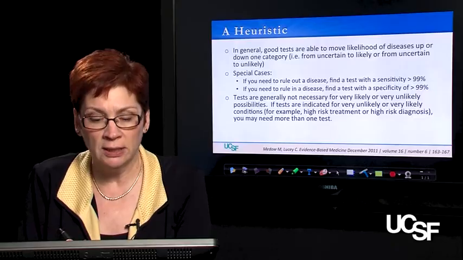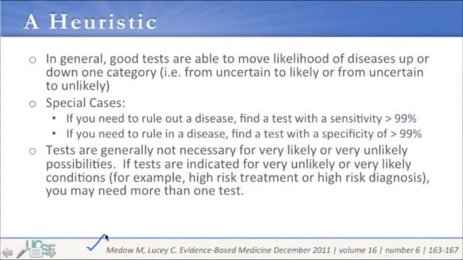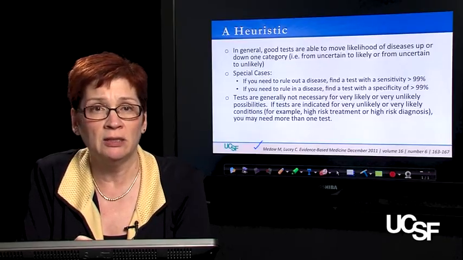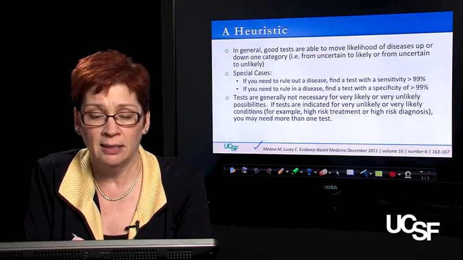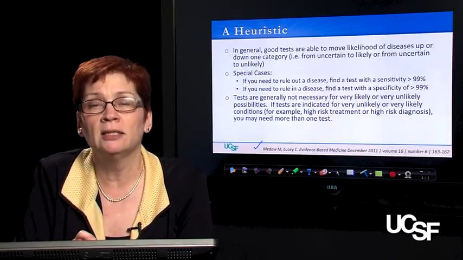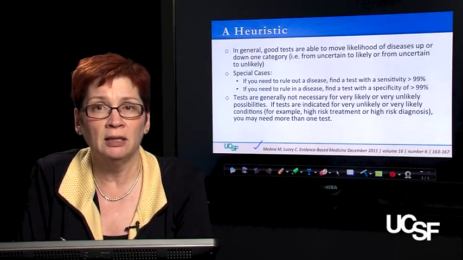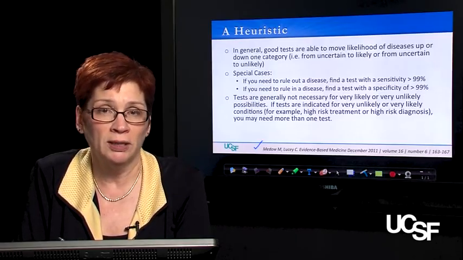And remember this heuristic, written about in this evidence-based medicine article referenced down here, told us that if you're dealing with a good test, that is a test with a sensitivity and specificity greater than 85% but less than 99%, that these good tests are able to help us move our certainty about the likelihood of a given disease causing a patient's symptom up or down one category.